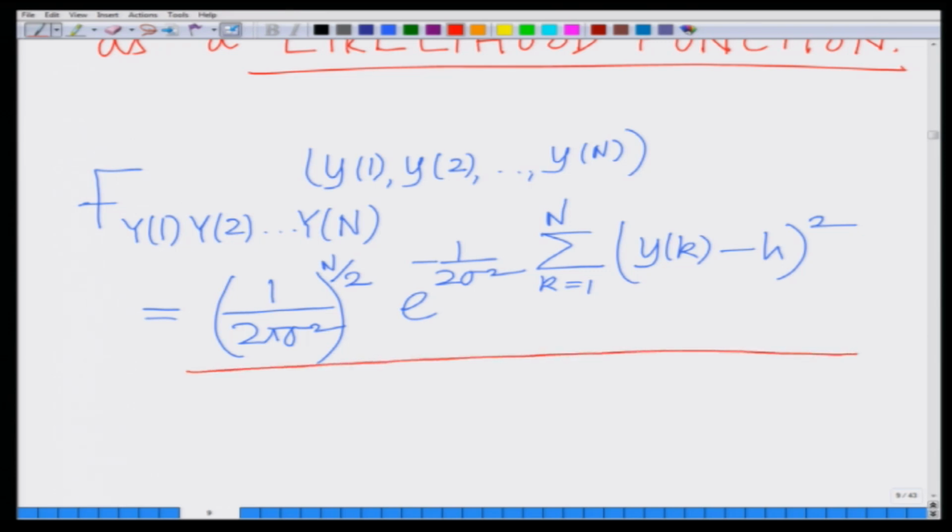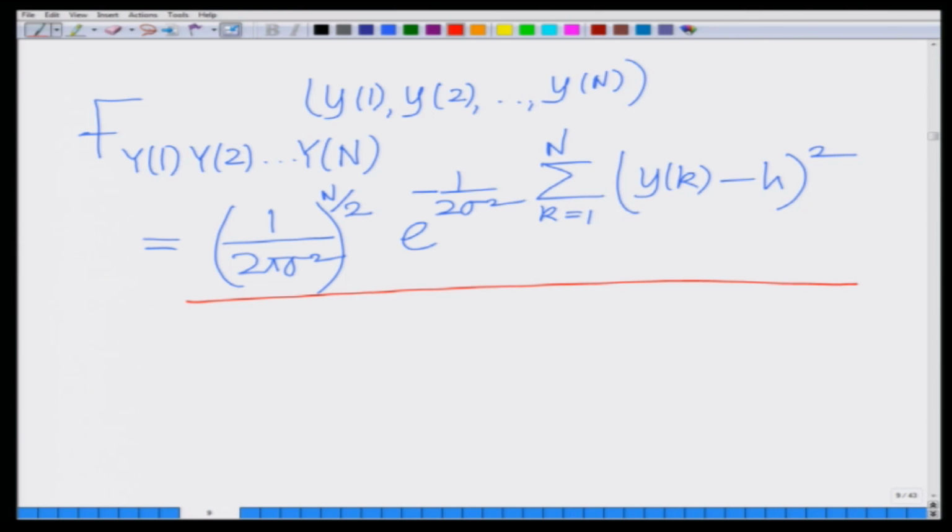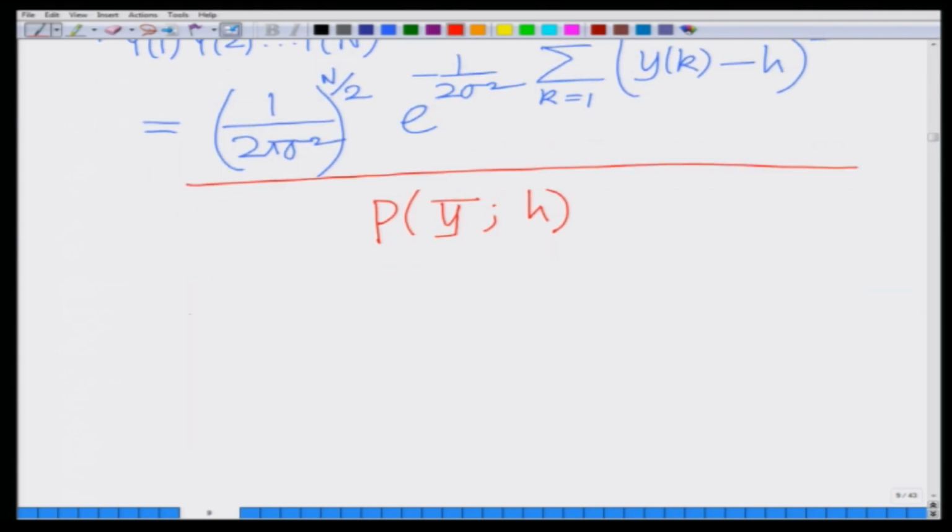Now what I am going to do is define this as the likelihood of the observations y bar parameterized by h, where y bar is the observation vector. Remember, we have multiple observations. So y bar is the observation vector y1, y2 up to yn.